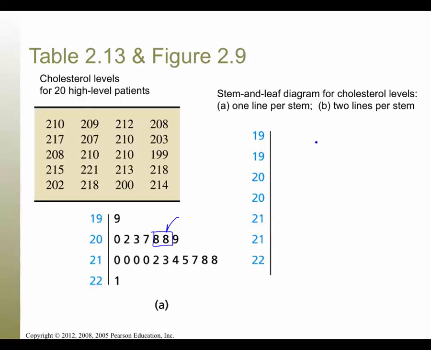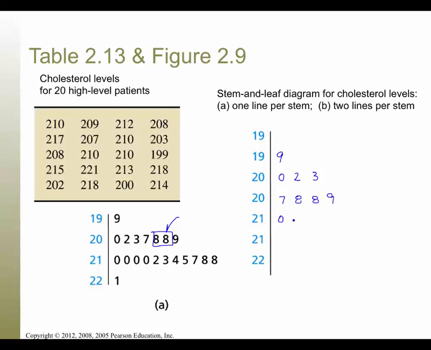Okay, so what's going to go in the first line here? Nothing. Second line? 9. Okay, so then this first line, first stem, 20. It's going to be everything 0 through 4. So 0, 2, 3. And then this will be 5 through 9, the ones that end in 5 through 9. 7, 8, 9. Yep. 21.